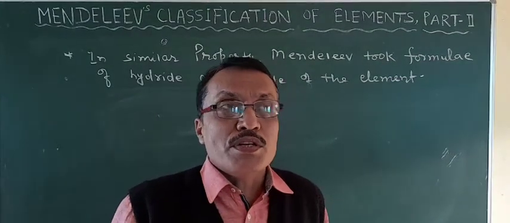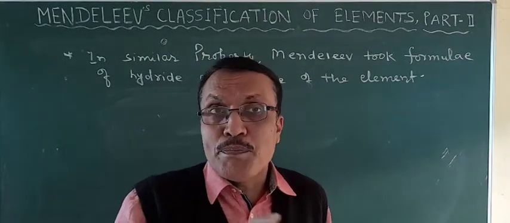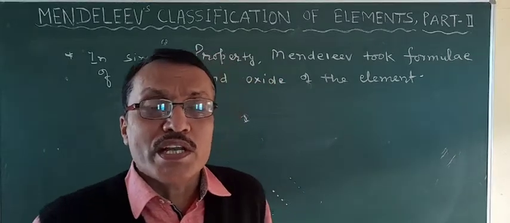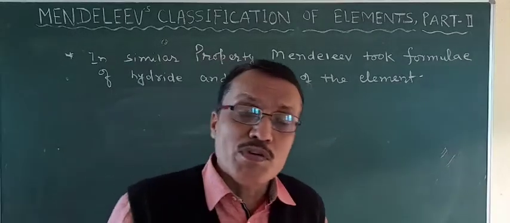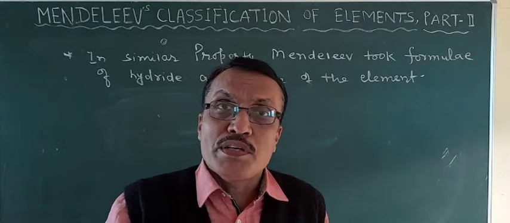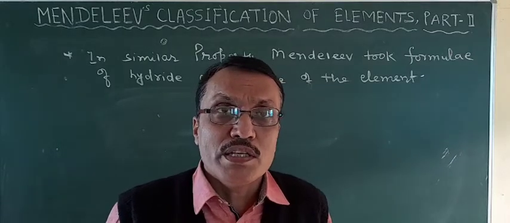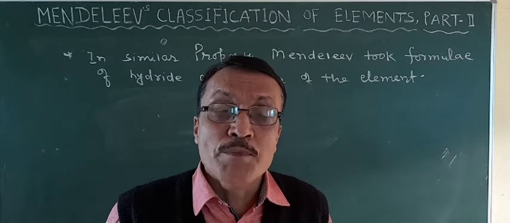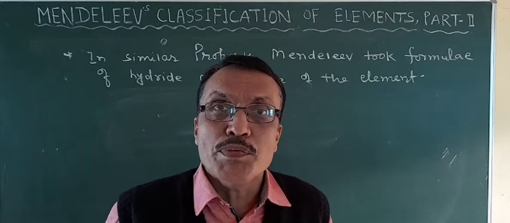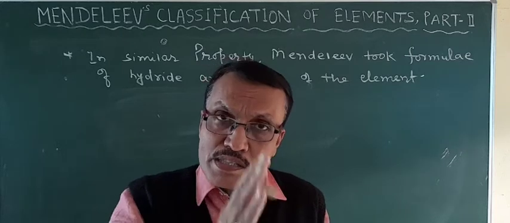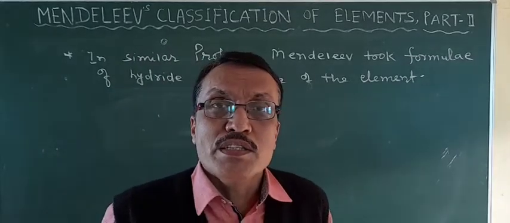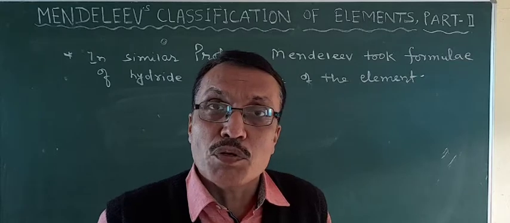Mendeleev's classification was published by giving the name periodic table. Now the question arises, what is a periodic table? Students, a periodic table is a table of elements in which all the elements have been arranged in such a way that elements of similar properties come under the same vertical column and dissimilar elements get separated from them.